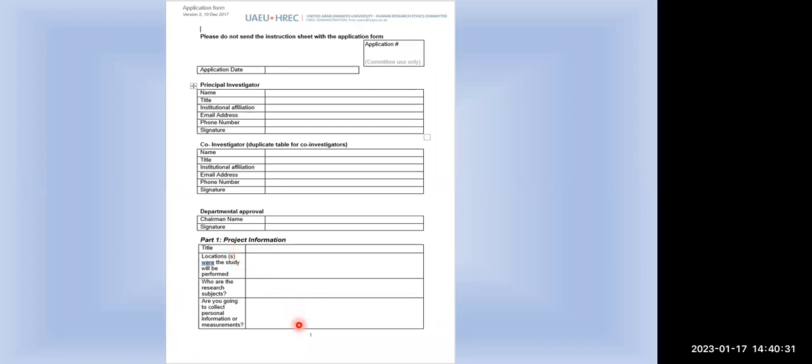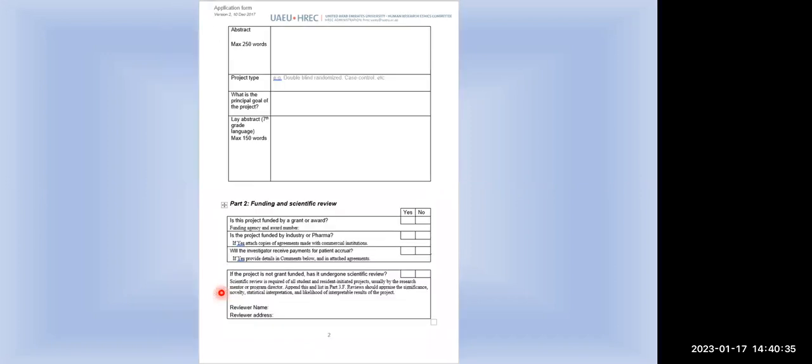So location and participants are very important. Remember always that our committee deals with subjects that are within our university. This is very important when you apply to the human research ethics committee.